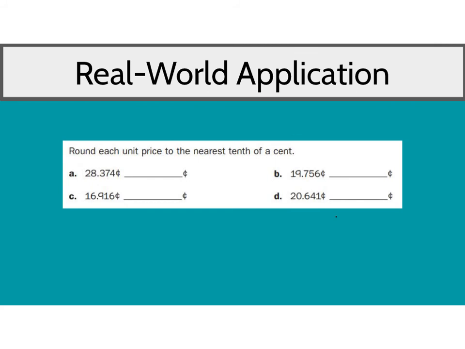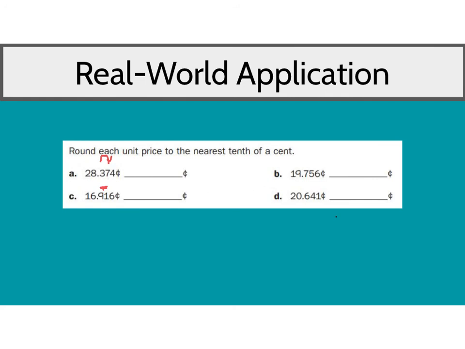So thinking about whole numbers and how we round those and looking at these decimals, we're going to go about it the same way. If I am rounding to the 1/10 of a cent, that means for this first one, I'm going to be looking at the 3, and I'm going to look at the number to the right, which is a 7.